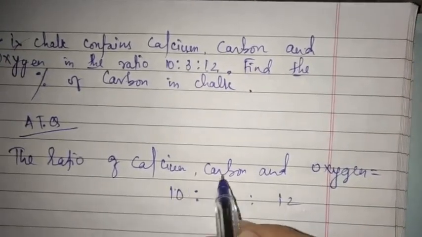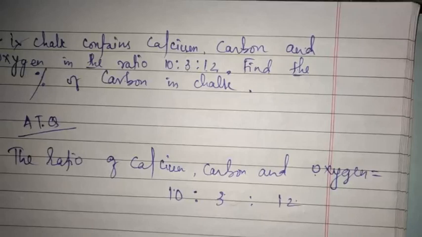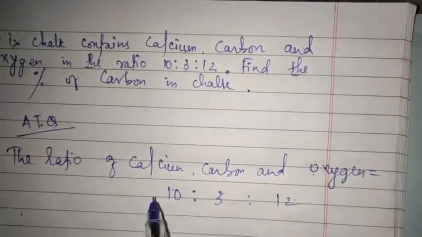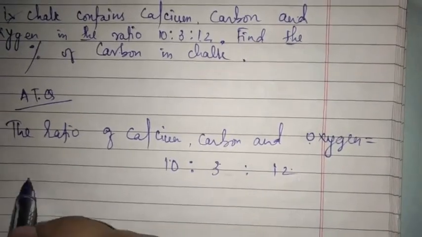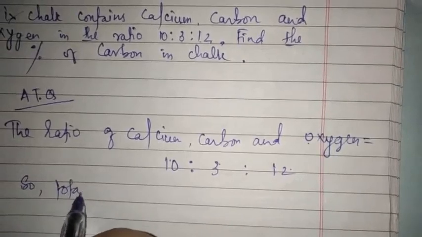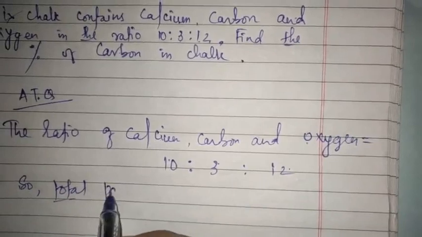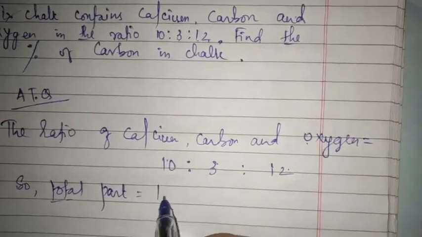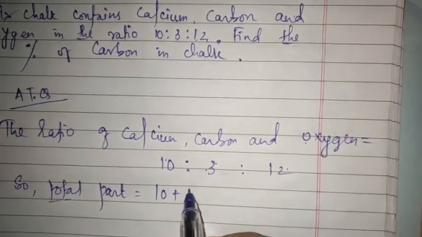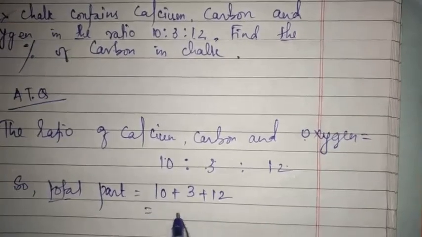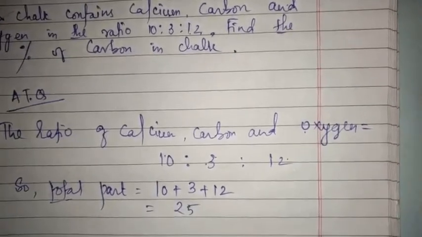This is for calcium, this is for carbon, and this is for oxygen. So in ratio sums, every time you have to remember that the total part is very important to find. Total part means we have to find the sum of these 3 ratios. Only then can we find the desired answer.